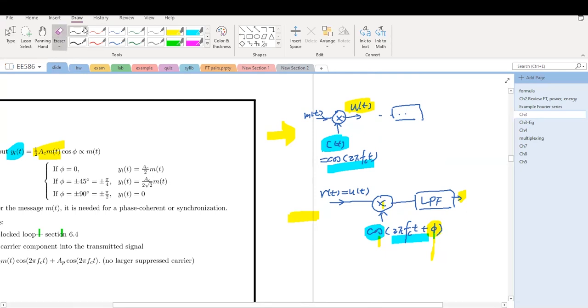It's just a knob, and we don't know what the phase of the cosine signal is. So what do we do? The lab is set up like this. I would like this output to go to 0. If this output goes to 0, theoretically the phase difference should be 90 degrees, right? So you adjust this potentiometer in the lab equipment such that the output at the low pass filter goes to 0.